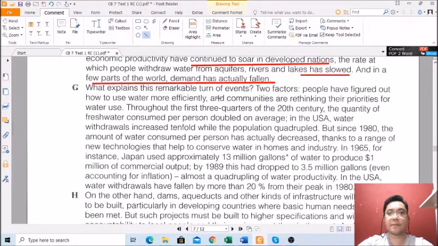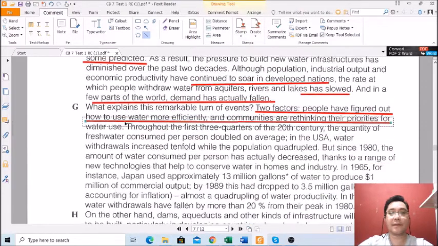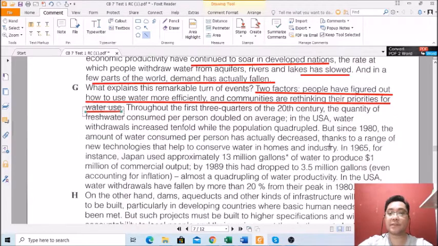What explains this remarkable turn of events? Two factors. People have figured out how to use water more efficiently, and communities are rethinking their priorities for water use. So here we talk about something exactly the same as F, but now it is explained why water use dropped.